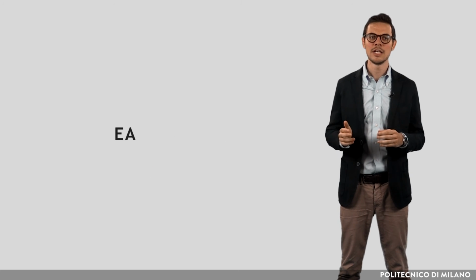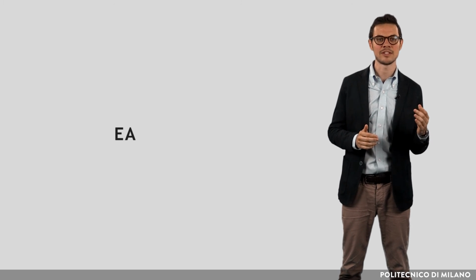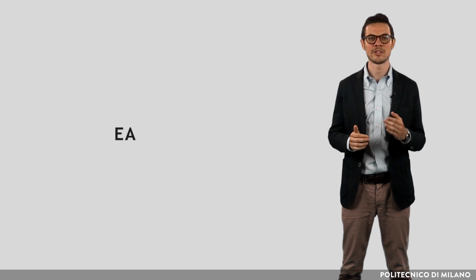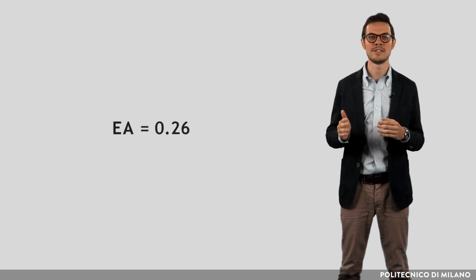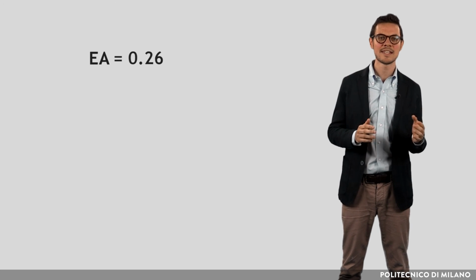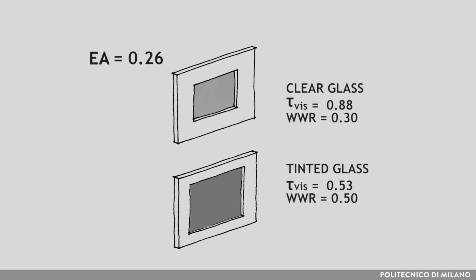For example, in order to obtain the same effect of natural lighting with a corresponding effective aperture of 0.26, designers can decide to use clear glass characterized by visible transmission of 0.88 and WWR equal to 0.3, or tinted glass with a lower visible transmission coefficient but larger glazed areas.